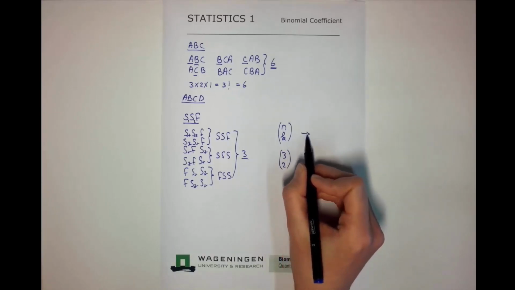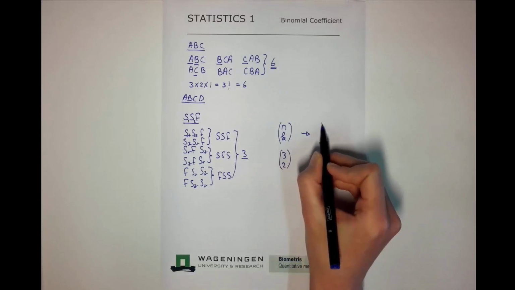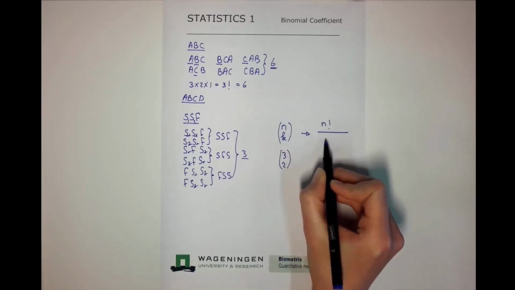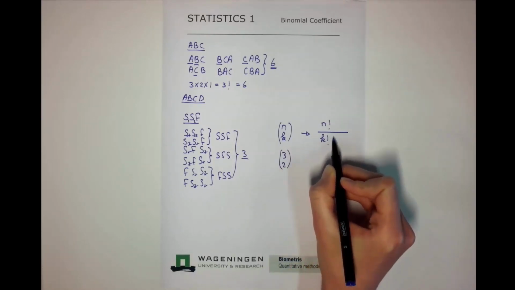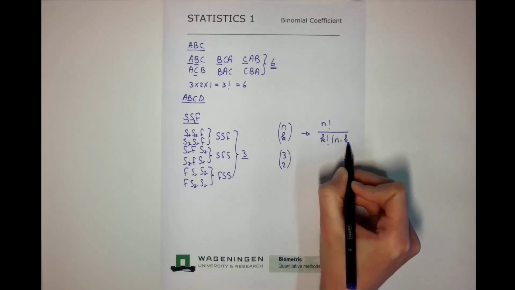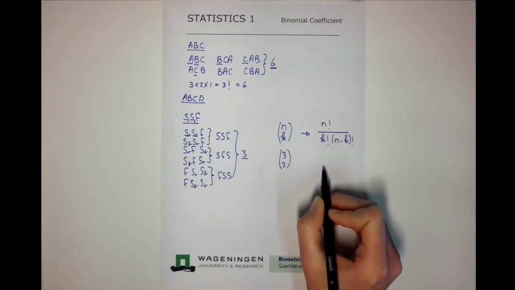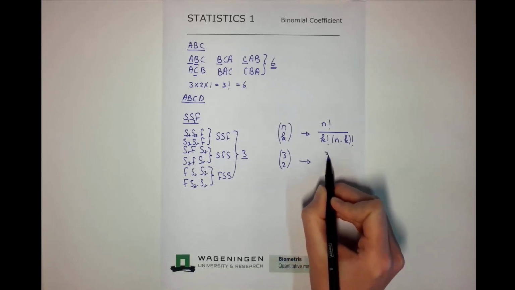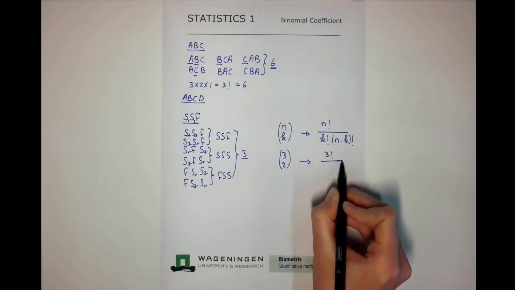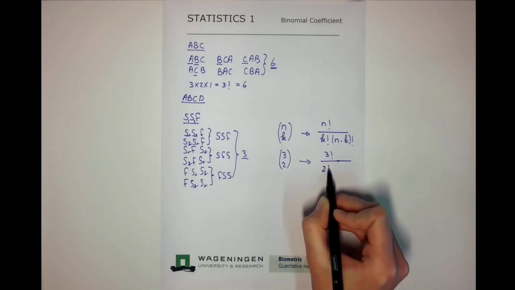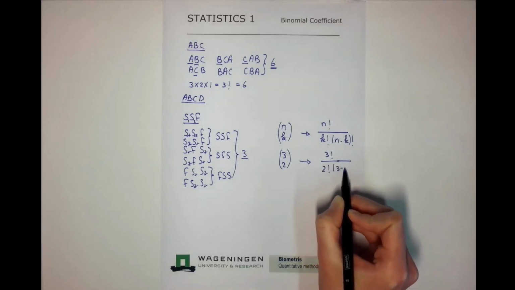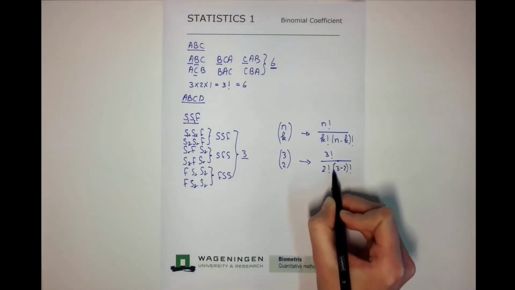If we write this down, we get n factorial divided by k factorial times n minus k factorial, which in our case gives 3 factorial divided by 2 factorial times 3 minus 2 factorial.